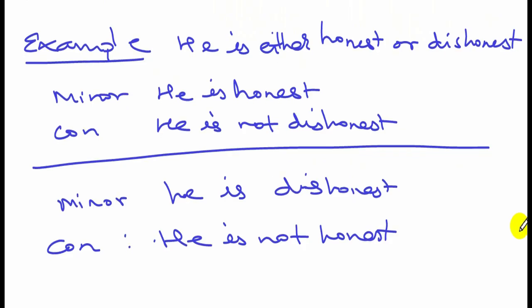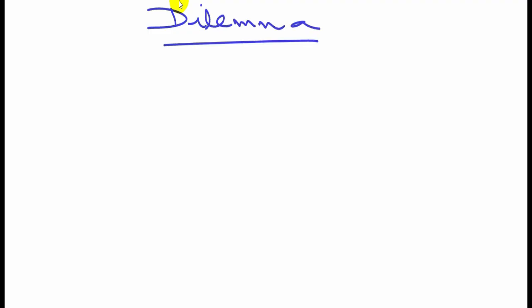Now let us move to what is dilemma. Dilemma also is considered to be a mixed syllogism. As in the case of hypothetical and disjunctive arguments, in dilemmas too, the propositions are not of the same relation.